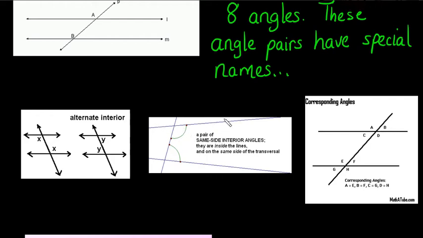Over here, we've got an example. Here we've got two lines that are cut by a transversal, and there are angles in the middle here on the same side, and they're called same side interior angles. They're on the inside of the lines, and they're on the same side of this transversal.